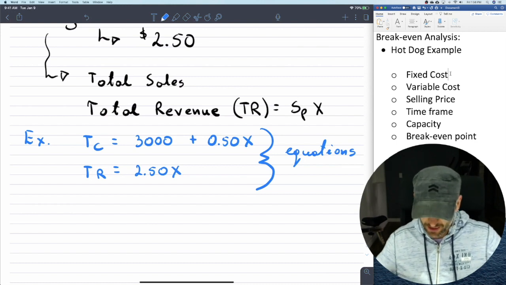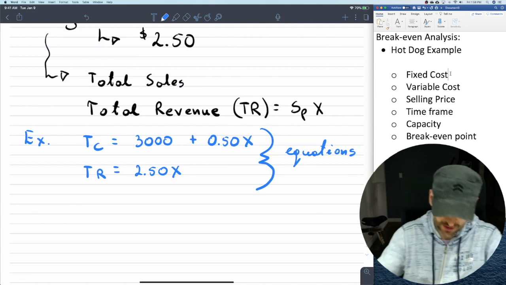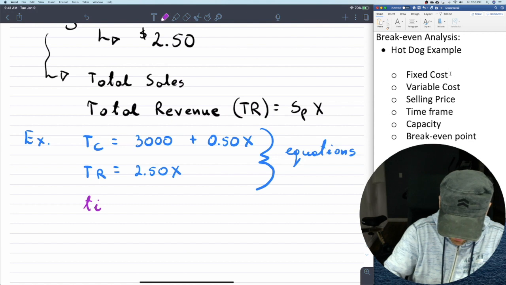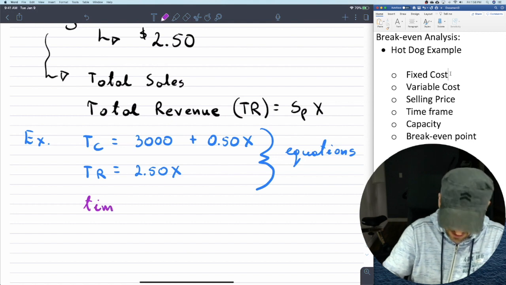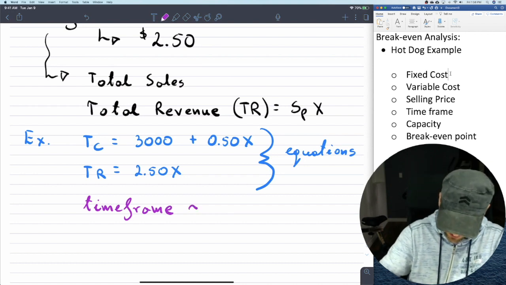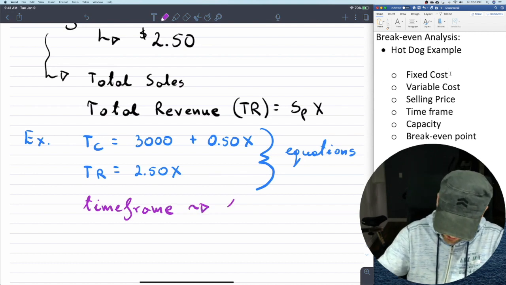Now, another item that I wanted to point out, because I've mentioned it in the agenda that you see there, is the time frame. What a time frame means is a period. So in our case, we said 1 month, but it doesn't have to be a month.